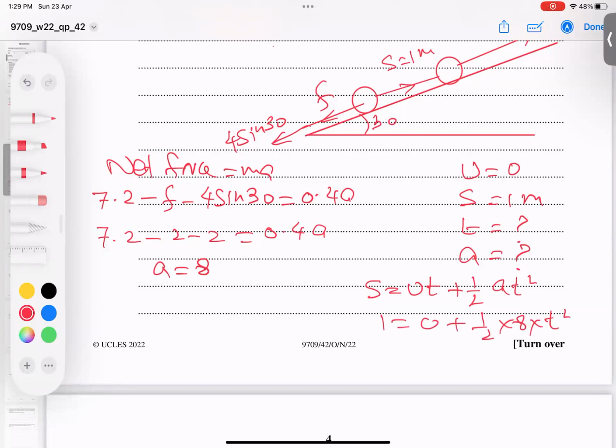So this is 4, and 4 goes there, becoming 1 over 4. When you take the root, time becomes half. Alhamdulillah Rabbil Alameen. I hope you got the point clear.